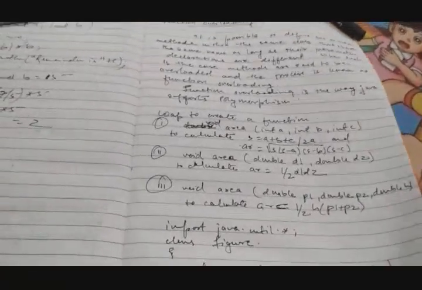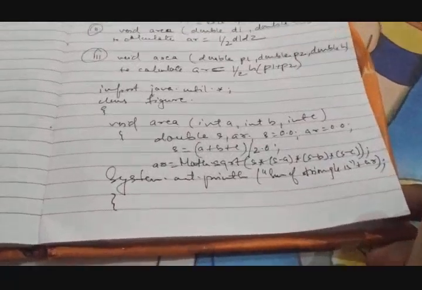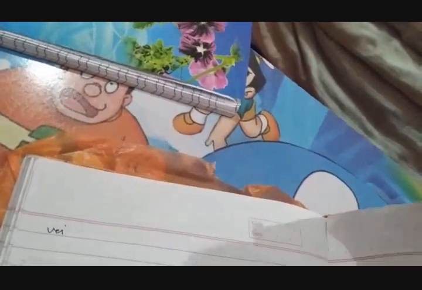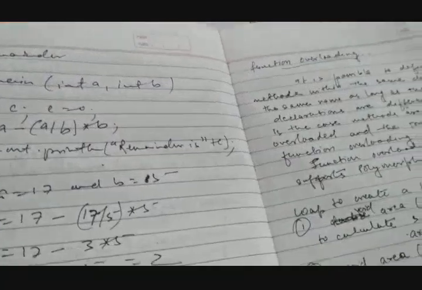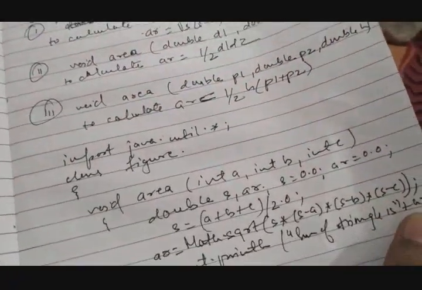Now we need to create another void area, the second void area, where you have double d1 and double d2.